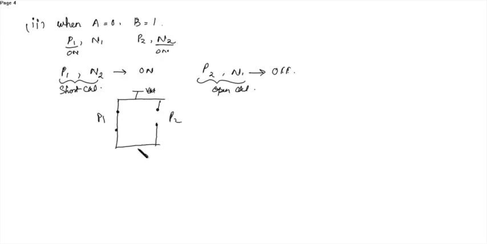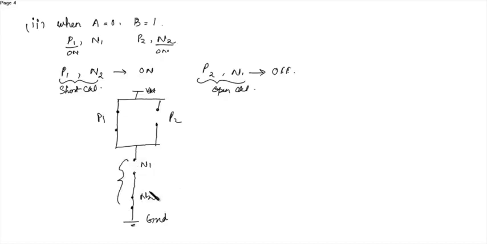This is P2, that is open circuited. Then N2 will be on, that is short circuited. N1 will be open circuited. So N1 is open circuited and N2 is short circuited. This is ground. This is N1 and N2.